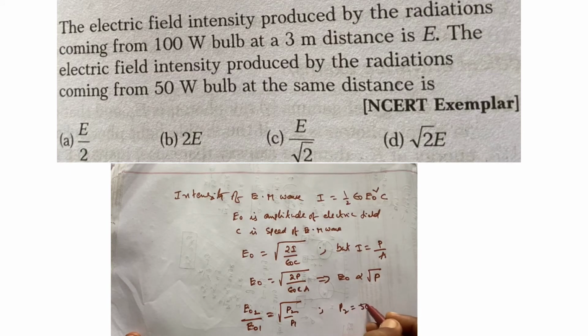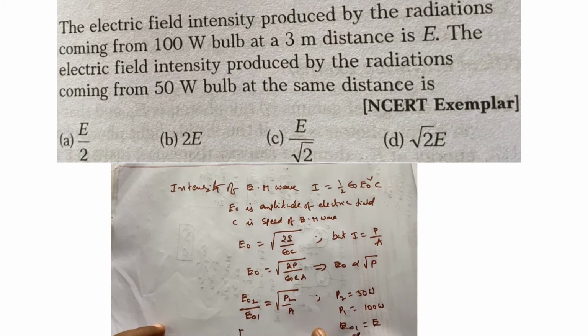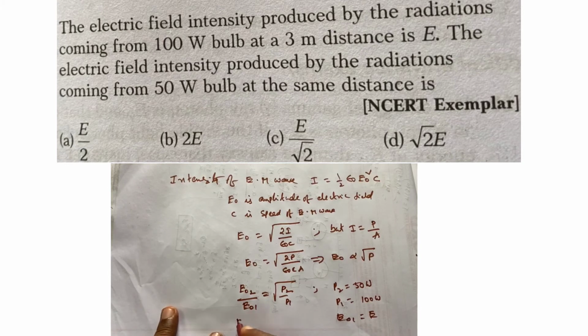P2 equals 50 watt, P1 equals 100 watt, E01 equals E. So E02 equals E by root 2 is the answer.